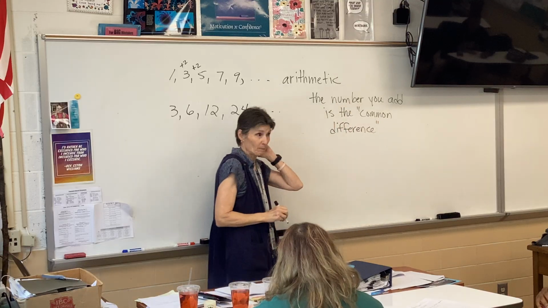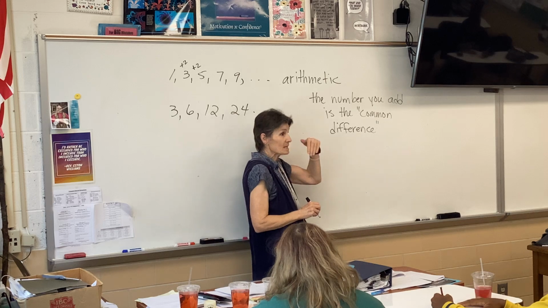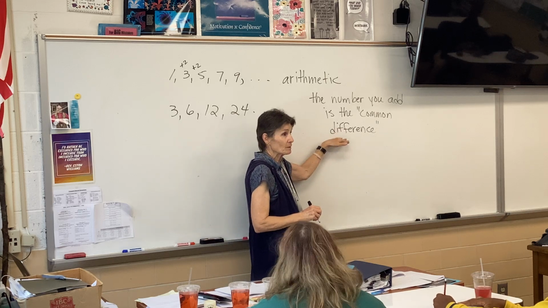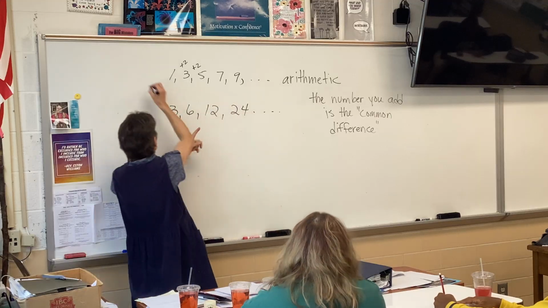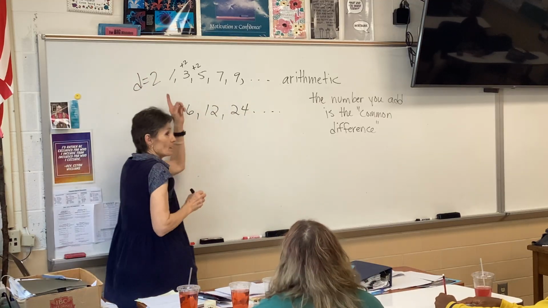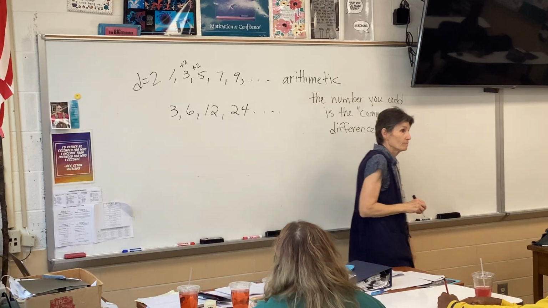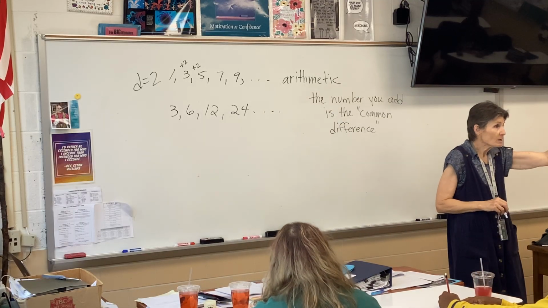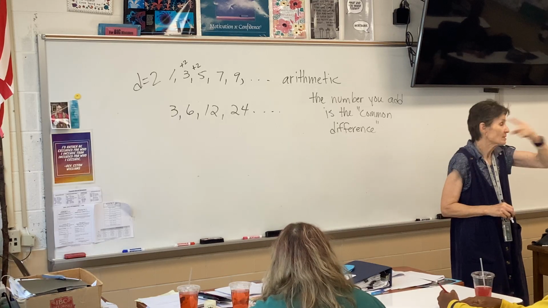In a minute, I'm going to put a formula up here that's going to have a D in it, and the D is the common difference. So for this problem right here, D is 2. The number I am adding is 2. I'm always going to be adding the same number. So there's one D, in this case it's 2.